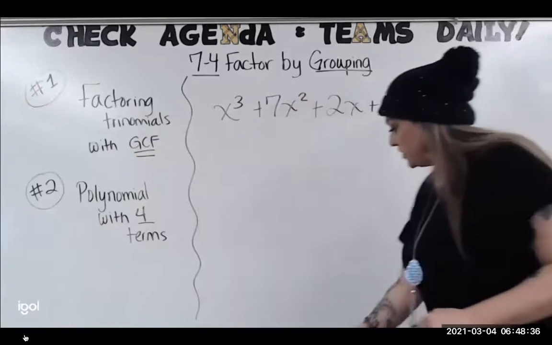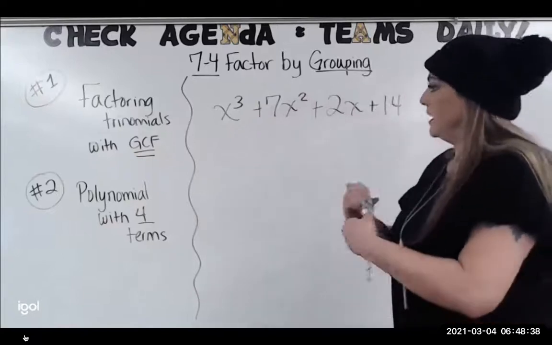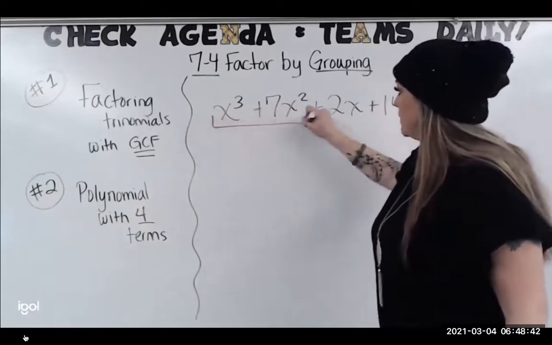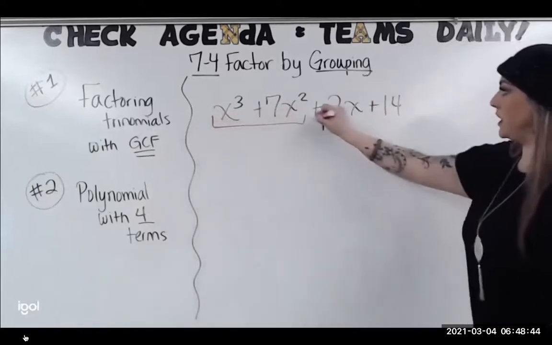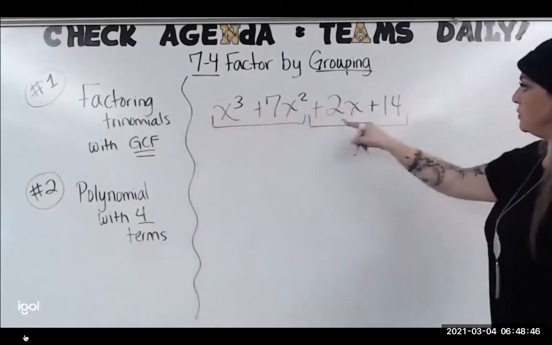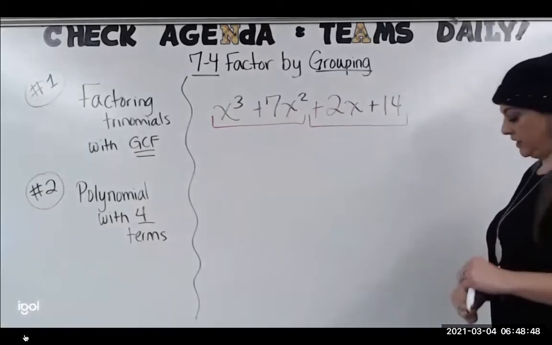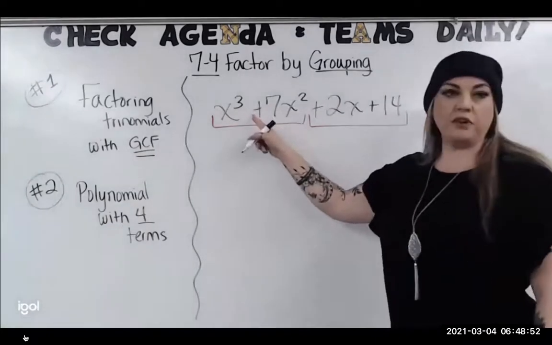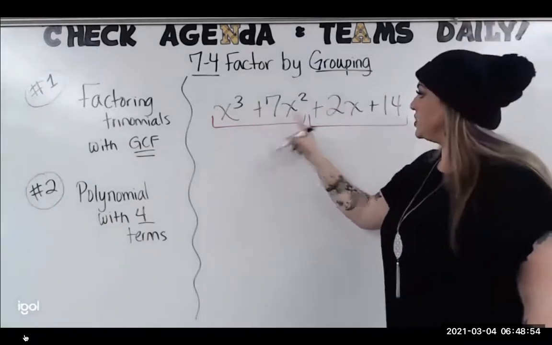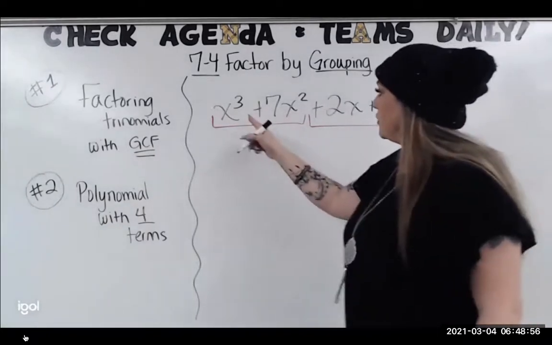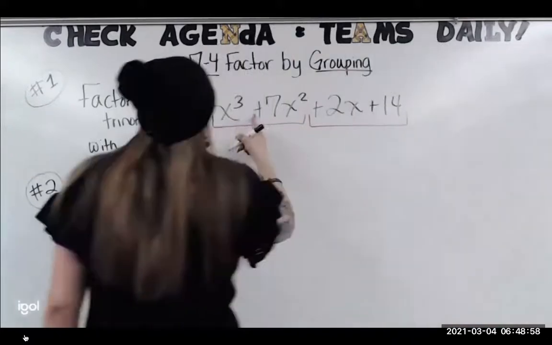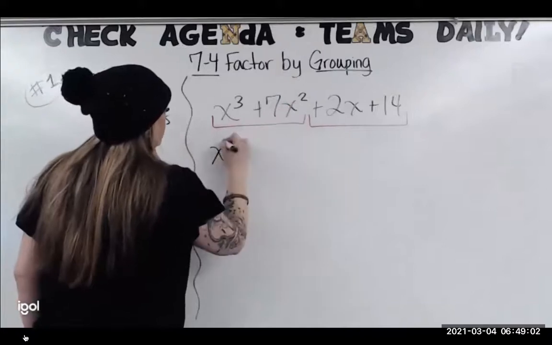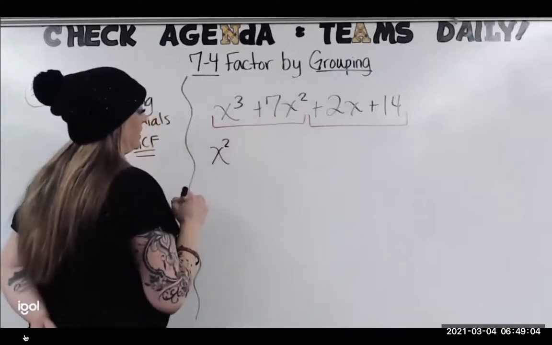So what we want to do is look at these as two binomials, x cubed plus 7x squared and positive 2x plus 14. And then we can factor out the greatest common factor of each binomial. So the greatest common factor here, they both have x's, and the largest number of x's is 2 of them, so we factor out x squared.